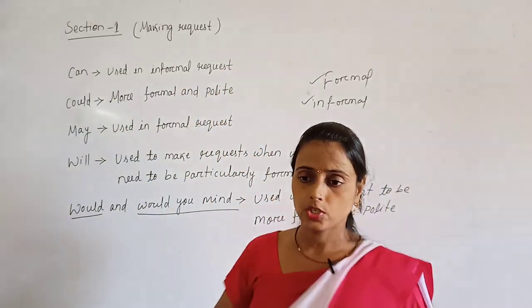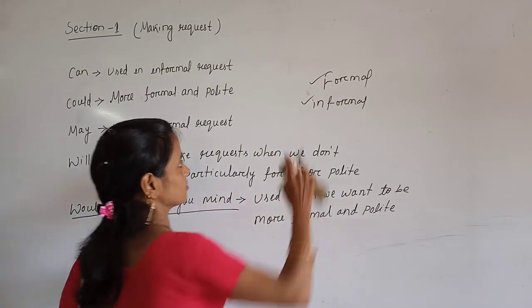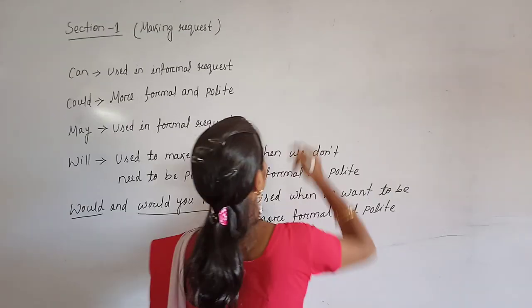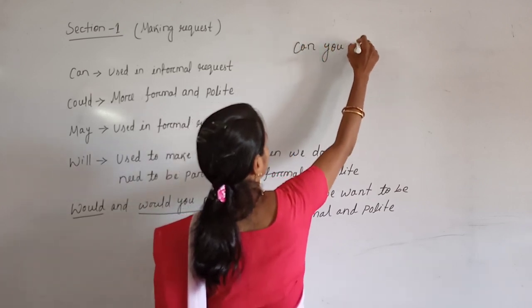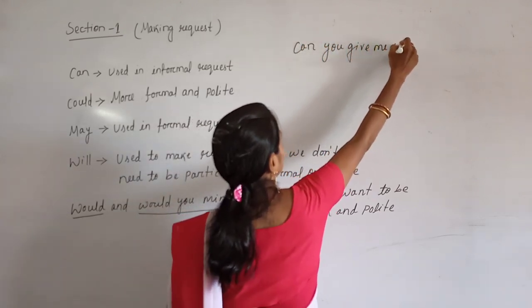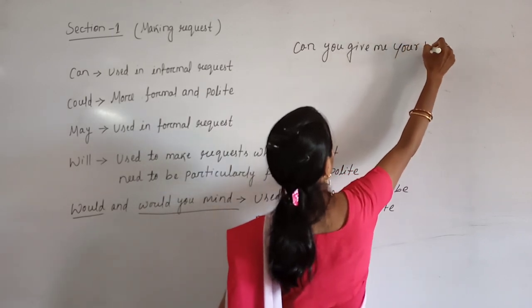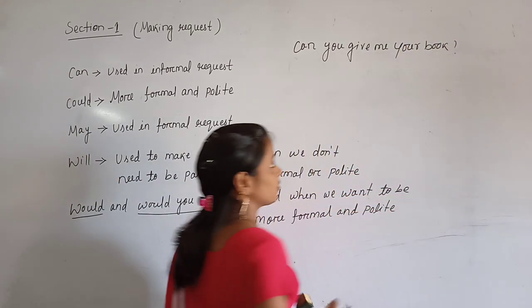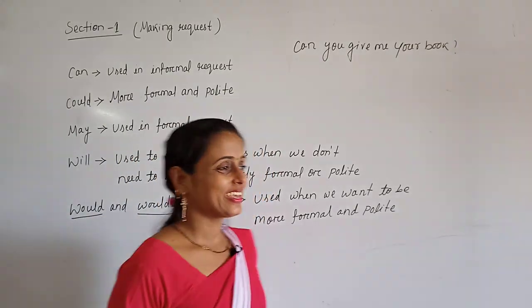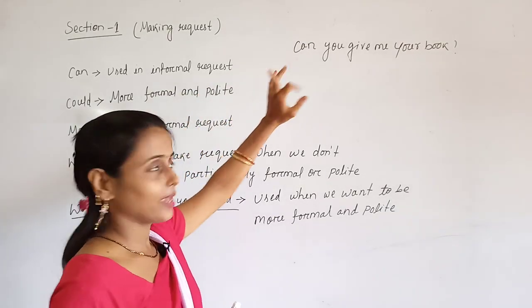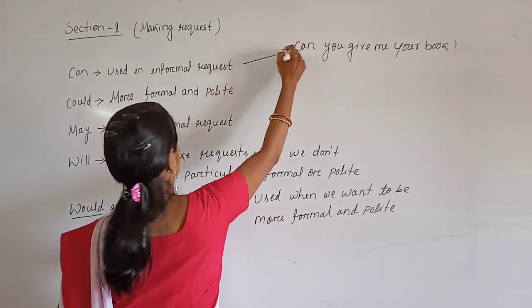So, the example is, can you give me your book? If the person is not giving, you will snatch. Okay. So, can is used in informal request. This one is the example.